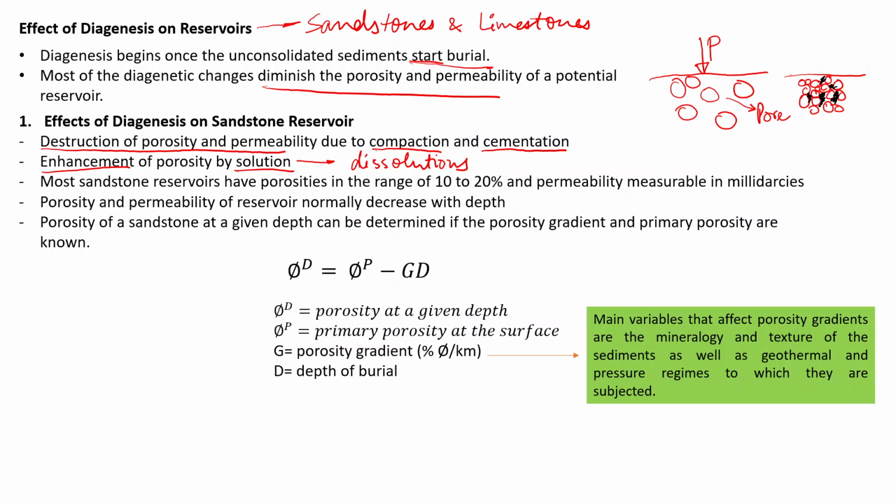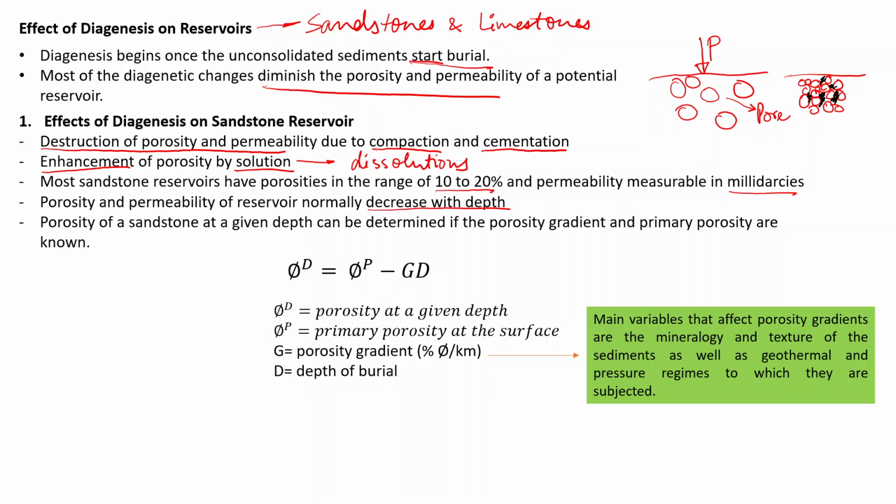It has been noted that most of the sandstone reservoirs have an average porosity in the range of 10 to 20%, and permeability measurable in millidarcies. The porosity and permeability of a reservoir normally decrease with depth.